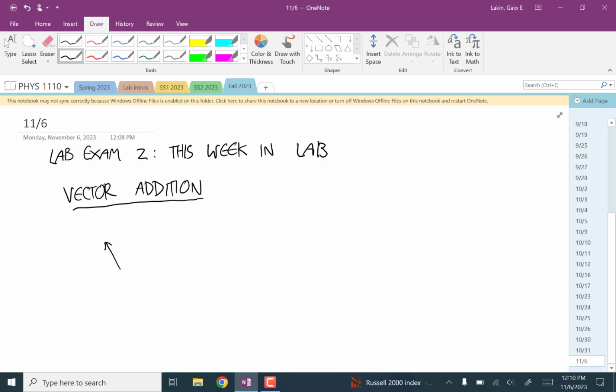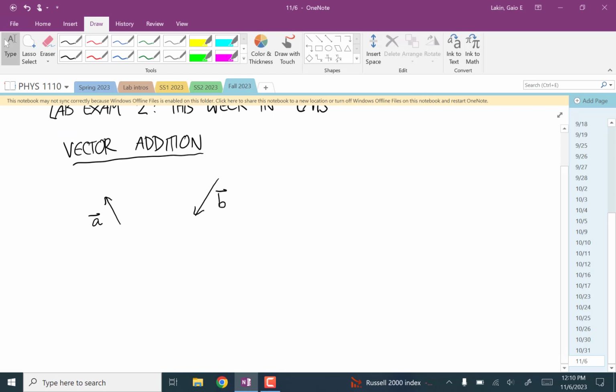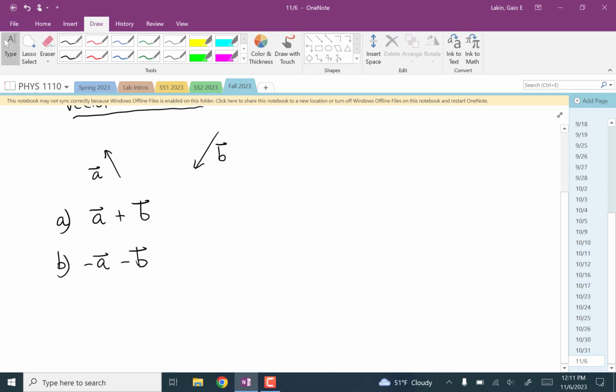Let's say this is the vector A, and this is the vector B. And let's do A plus B. And then let's do negative A minus B. And then let's do 2A minus 3B.